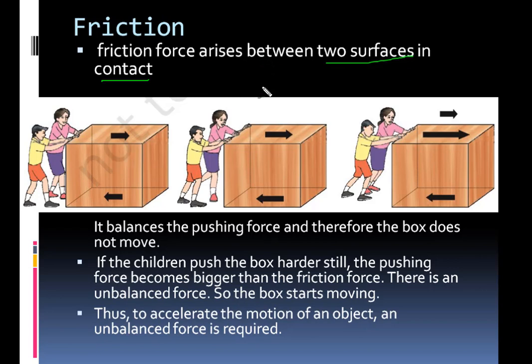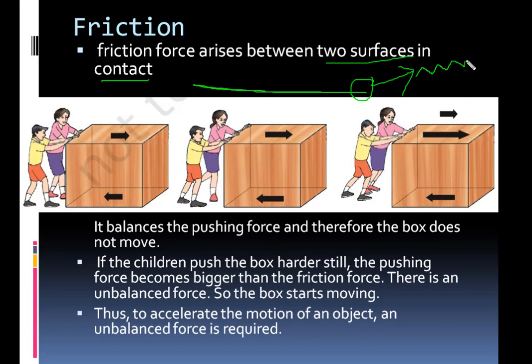If you observe any surface closely, minutely, suppose this is a surface. The surface is not perfectly plane. From a microscopic point of view, if you zoom the surface 50x or 60x or 100 times, then you will see that the surface is not perfectly smooth.